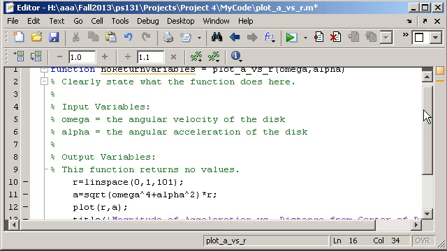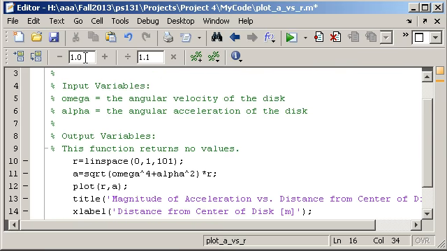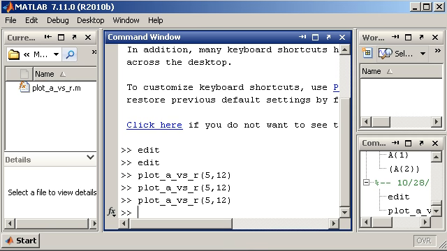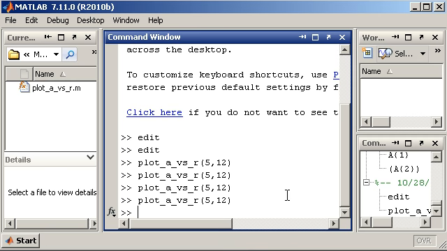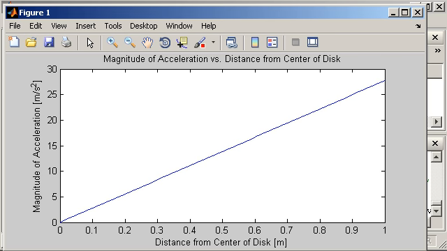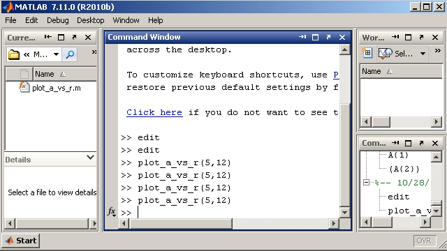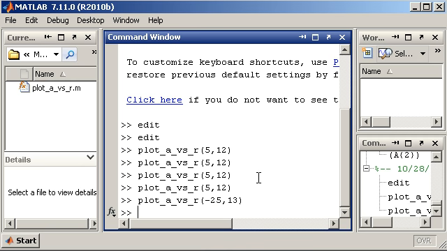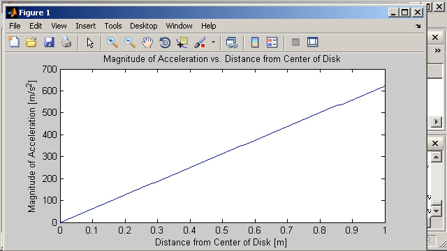Okay, I think this thing is actually done. I'm going to save it, run it. Alright, so giving me the same results as before. Make sure it works with different values. We go -25 and 13. Well, let's see what we get there. Now, we were expecting it would always be positive slope passing through the origin because the minus sign goes away as a result of squaring, or in this case, raised to the 4th power.